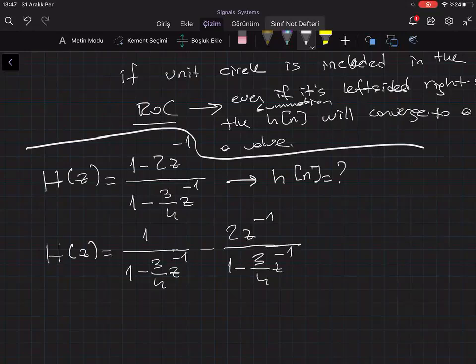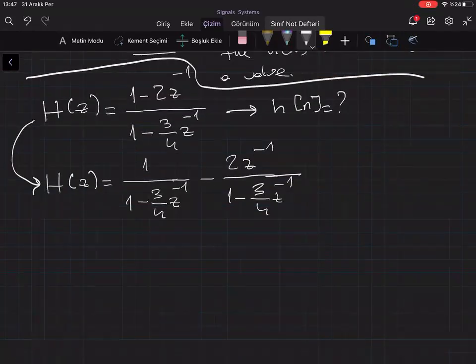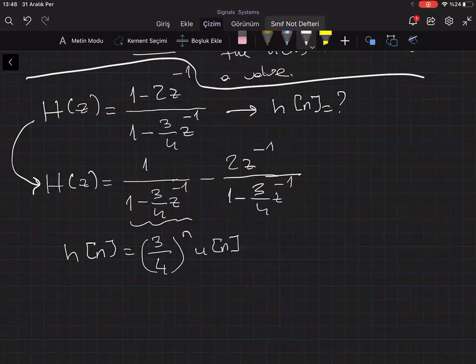Can you follow me? Do you understand how I'm going from here to there? Yes, hocam. So what is the h of n of this part? I know it's 3 over 4 to the power n, u of n. Why, Süleyman, did you say 3 over 4 to the power n u of n?